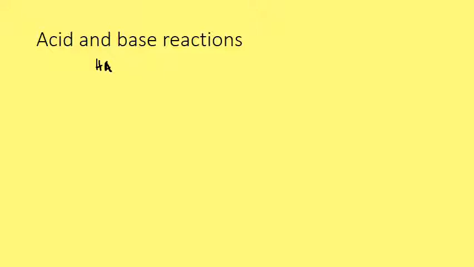So we've got HA, and that's going to be in solution, and let's say the base is actually water. So you've got the acid reacting with the water. It's an equilibrium reaction because we've got 2 reactions going on at the same time. And what we see is that this is the bond that dissociates, and you get that hydrogen ion leaving without its electron.